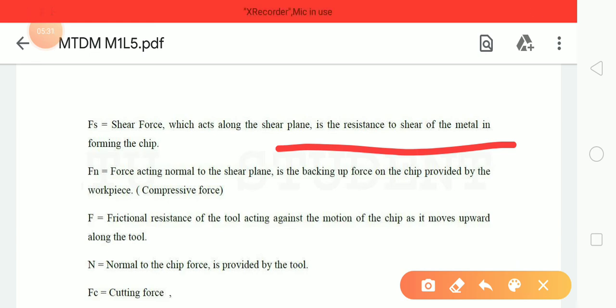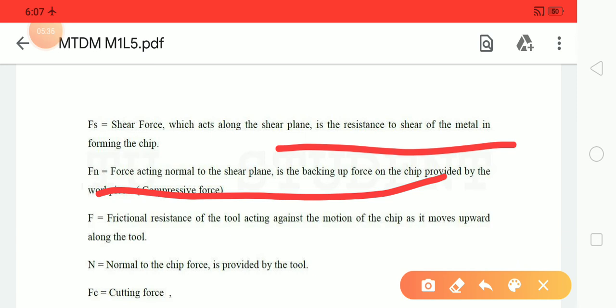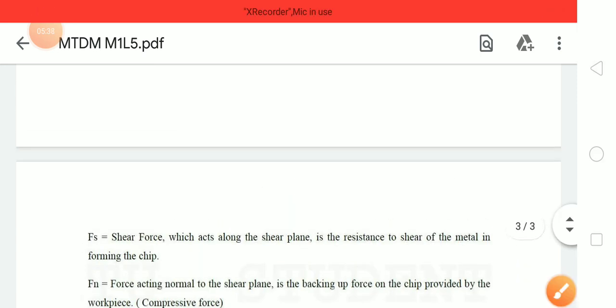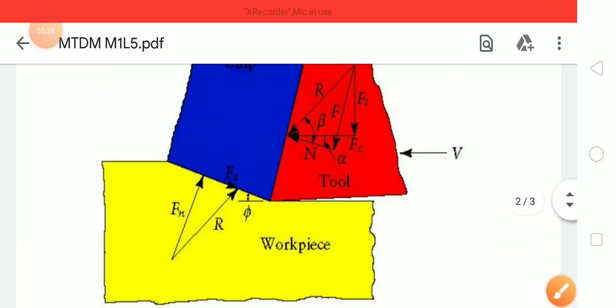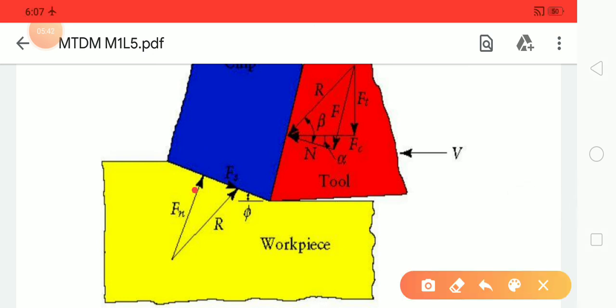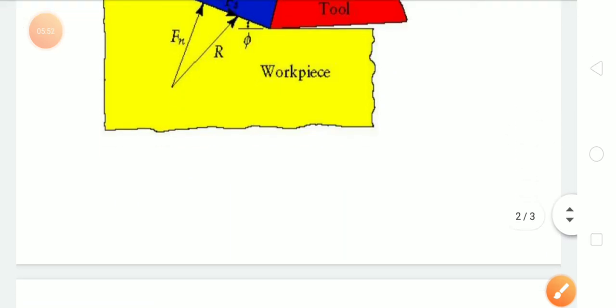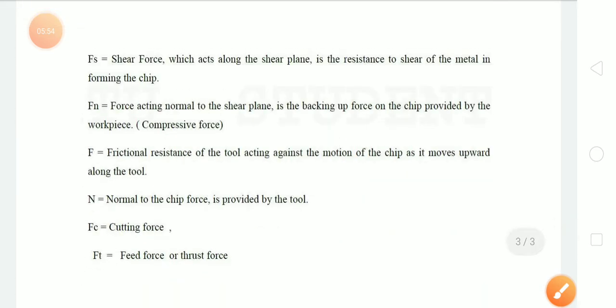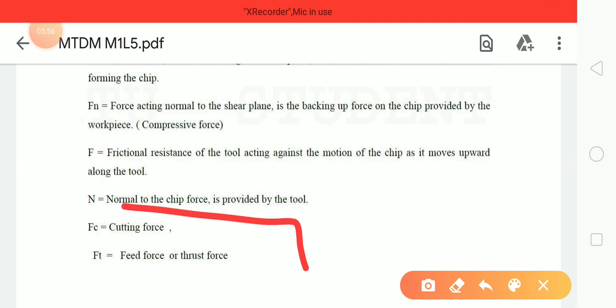The next one is Fn, that is the force acting normal to the shear plane. Here you can see Fs and Fn are perpendicular to each other. Therefore, R is the resultant of Fn and Fs. Now also you can see Ft and Fc.